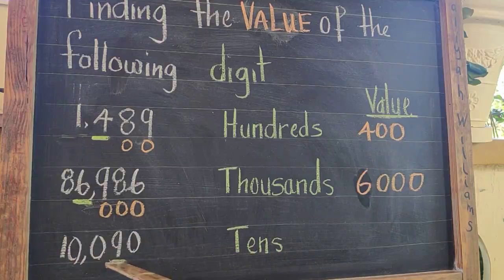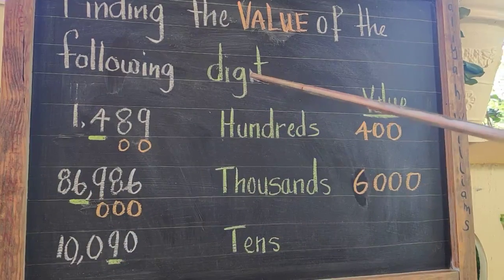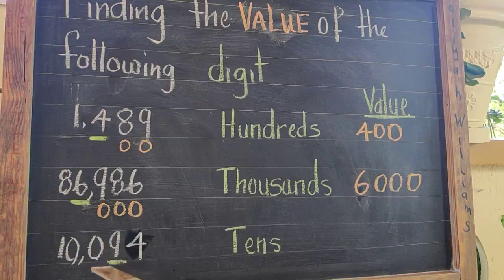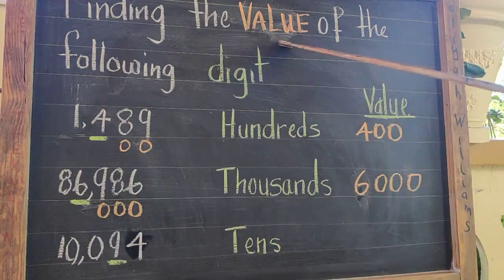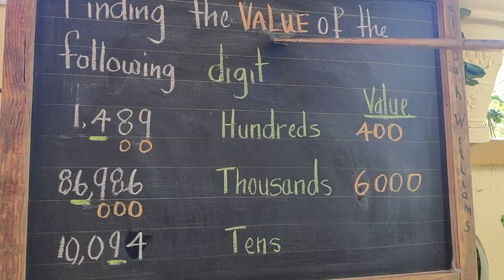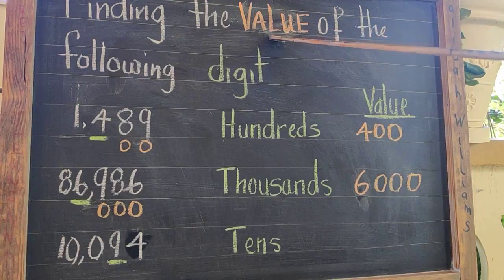We have the 9 underlined. All right, let me make one change to this and we'll come back to it. So we're looking at this number here, 10,094. What is the value? Not the place position, but the value.